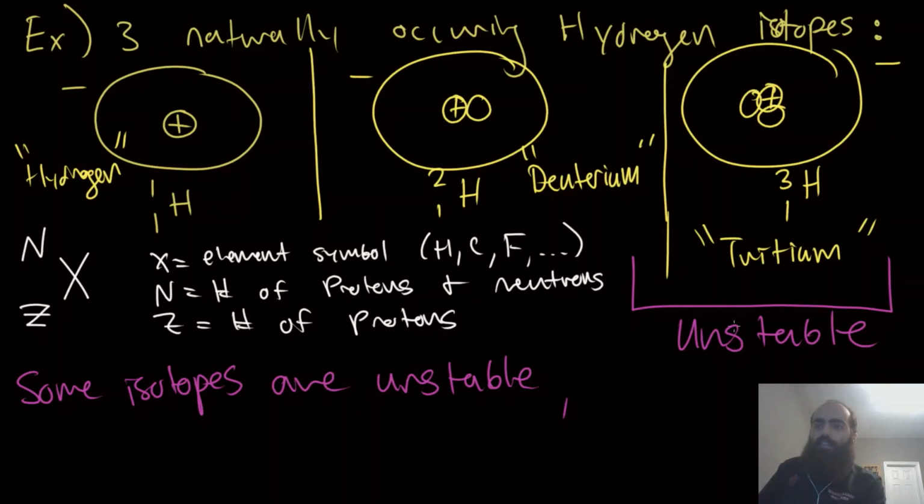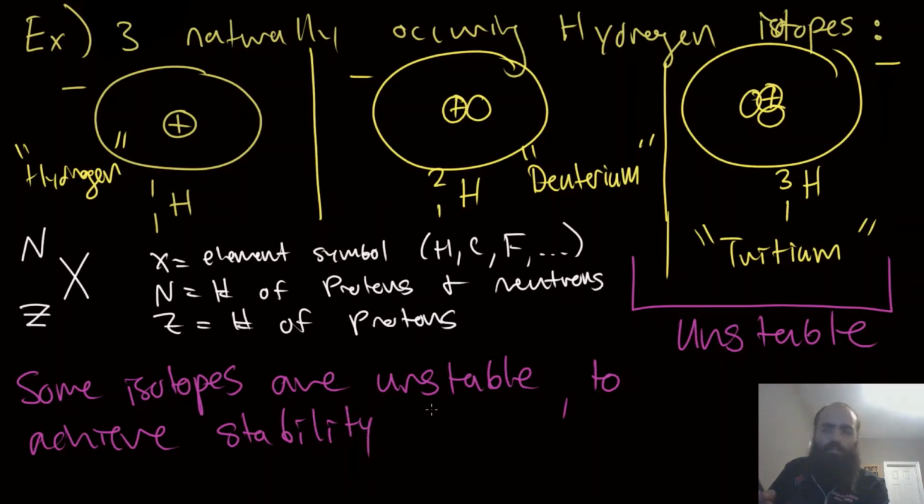And for these unstable isotopes to achieve stability, they will actually eject or emit particles from their own nucleus.